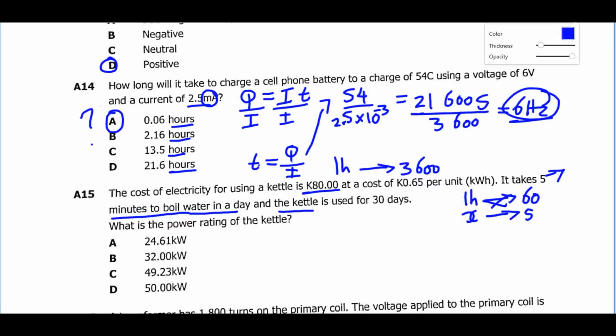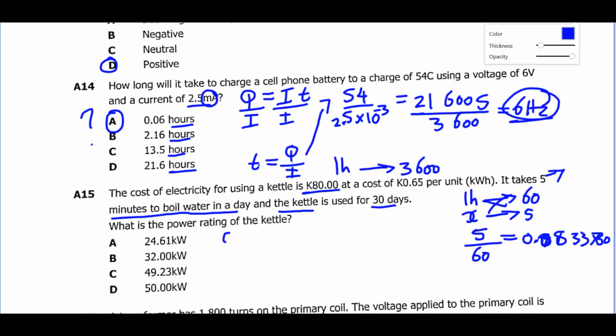The key point is to change 5 minutes into hours, so I'm just going to divide by 60. 5 divided by 60 gives me 0.8333. Then multiply by how many days? 30. Multiplying by 30, we have 2.5.